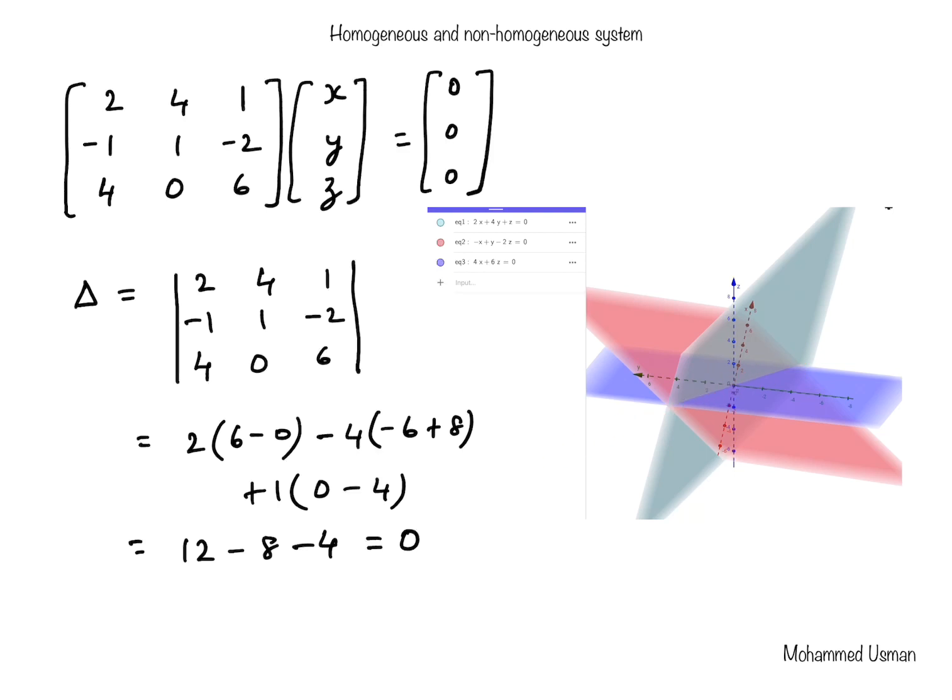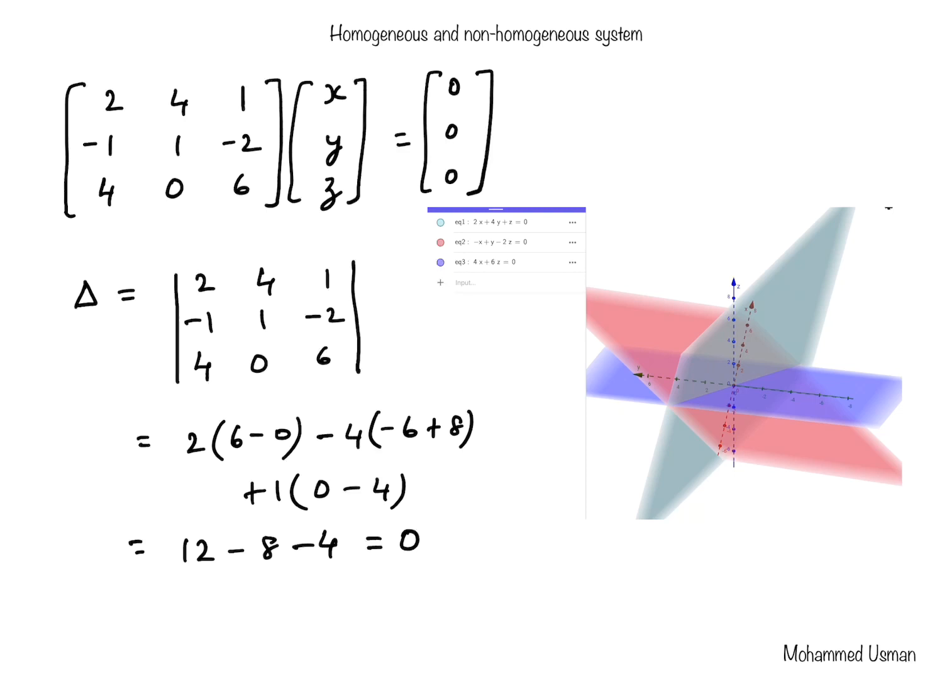So this particular system of equations has infinite possible solutions, and because it's a homogeneous system, one of the solutions, which is the trivial solution, is the origin. But clearly, because the determinant is equal to 0, we cannot solve it using Cramer's rule. So we'll need to find other methods to calculate or find the solutions of these equations.